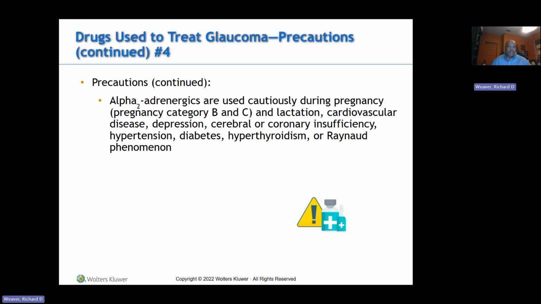So if you give them with brimonidine, it can cause even more depression, right?